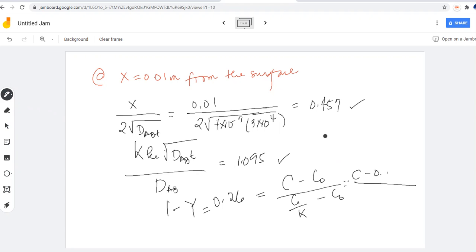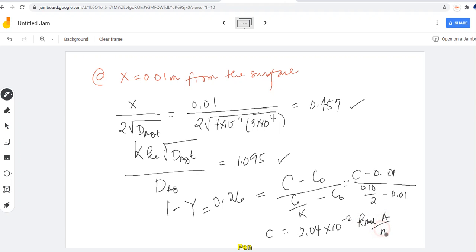So this is 0.01 and this is 0.10 over 2 minus 0.01. You will have a concentration value here which is equal to 2.04 times 10 raised to negative 2 kilomole A per cubic meter.